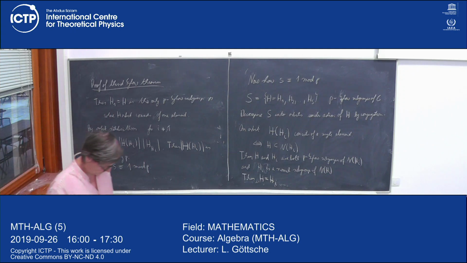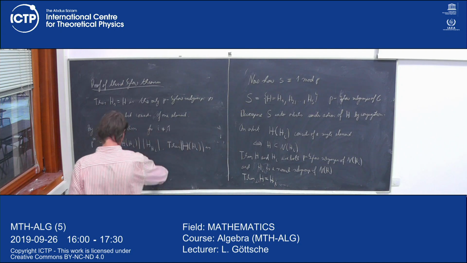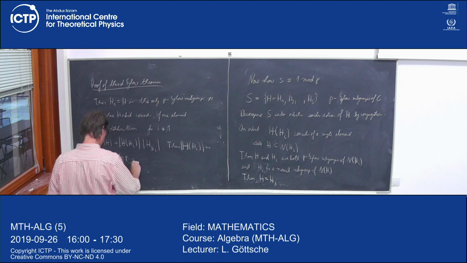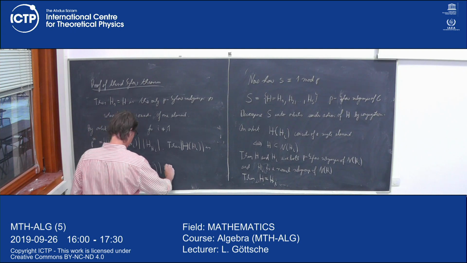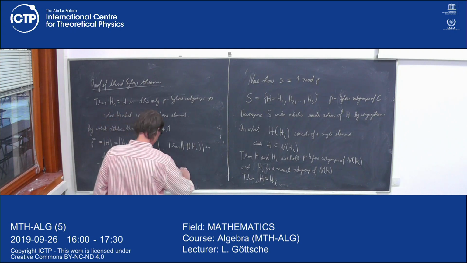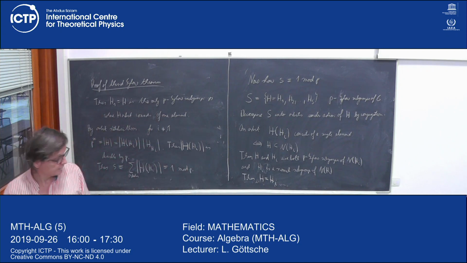So this is the sum over all orbits of the number of elements in the orbit. Okay, so this was the third Sylow theorem.